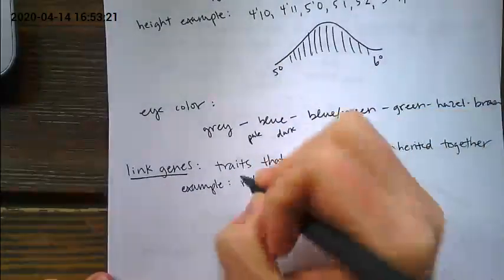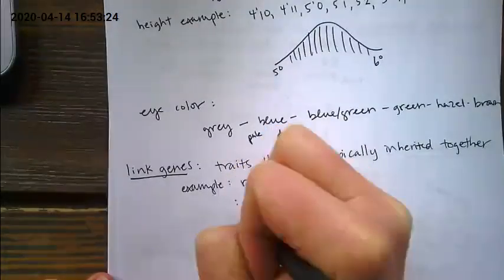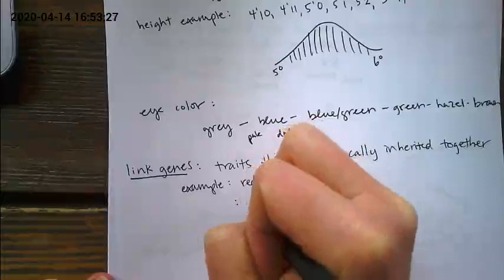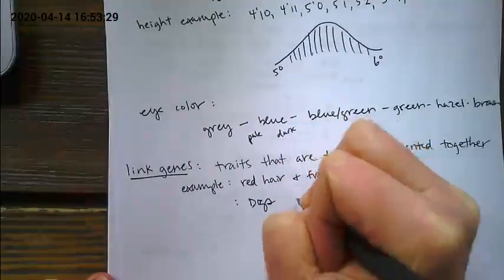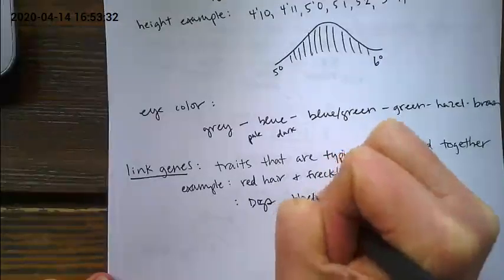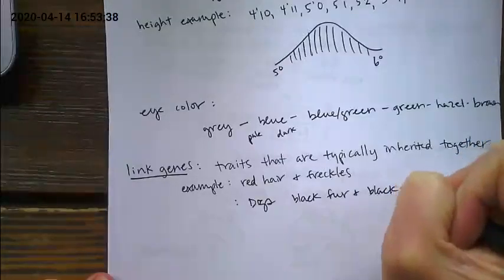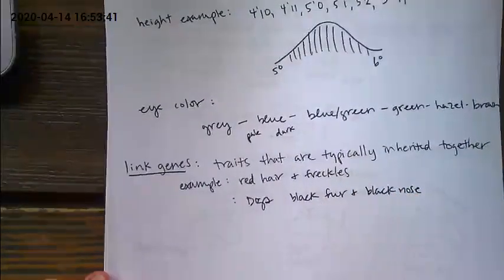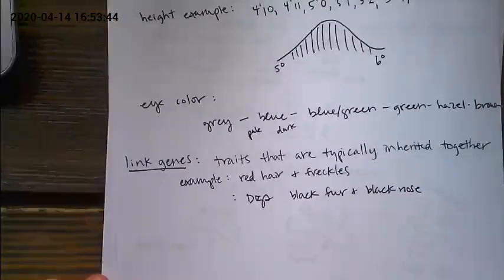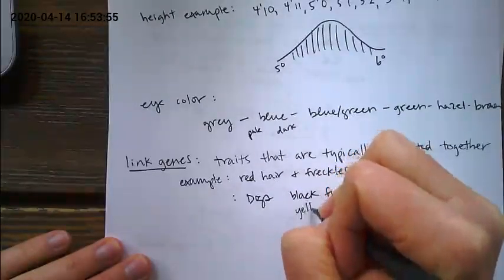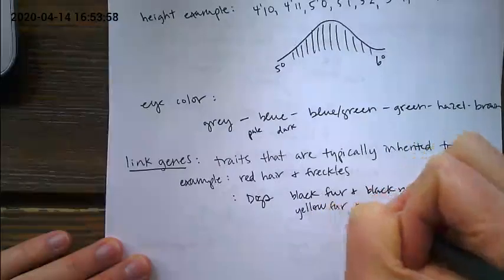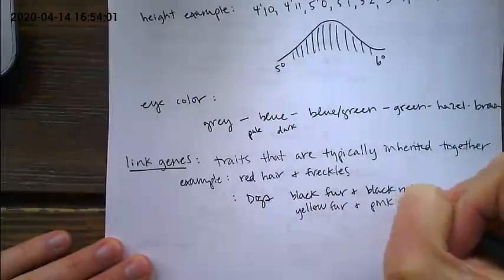Or for dogs, it might be black fur and black nose. Typically those two traits are inherited together. If they have black fur, they probably also have a black nose. If they have yellow fur, then they might have more of a pink nose. So those would be inherited together. So those are linked genes.